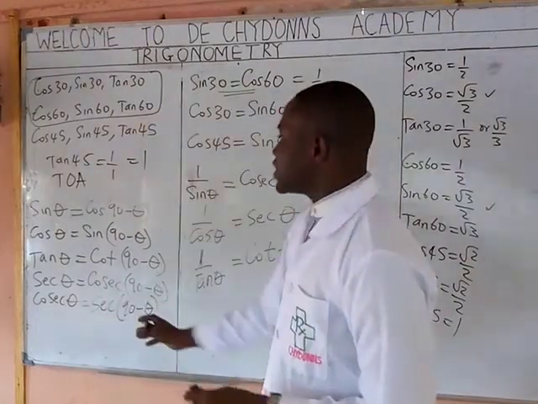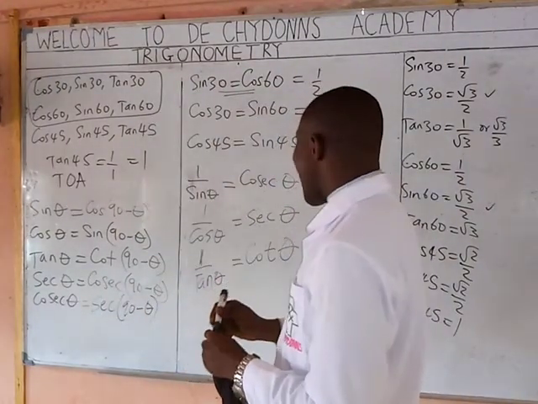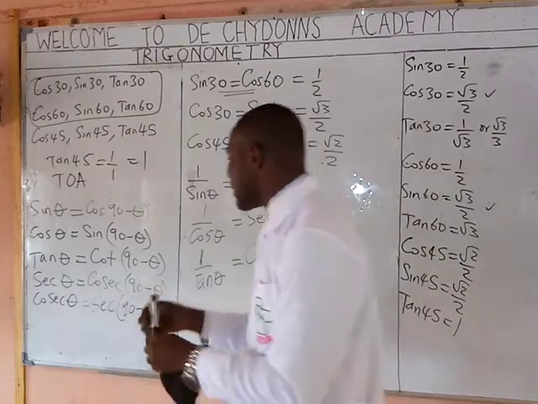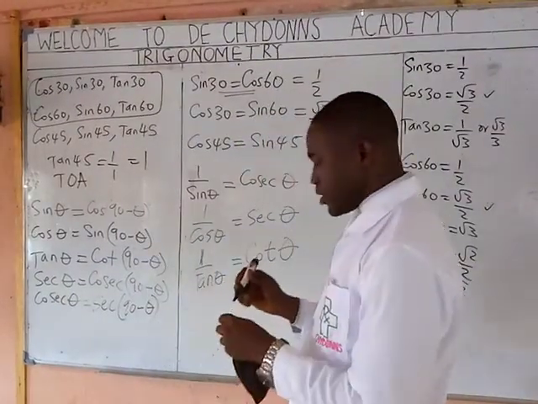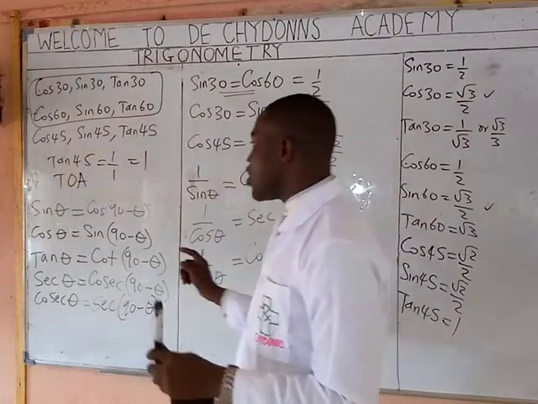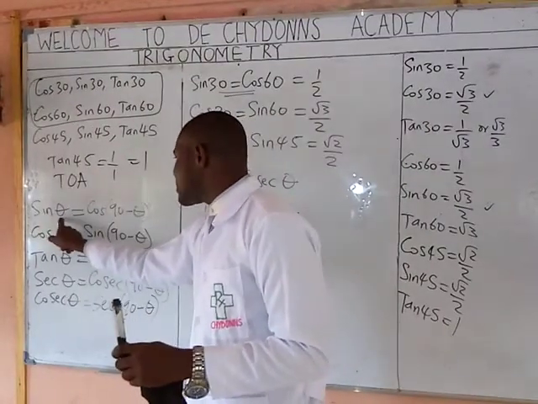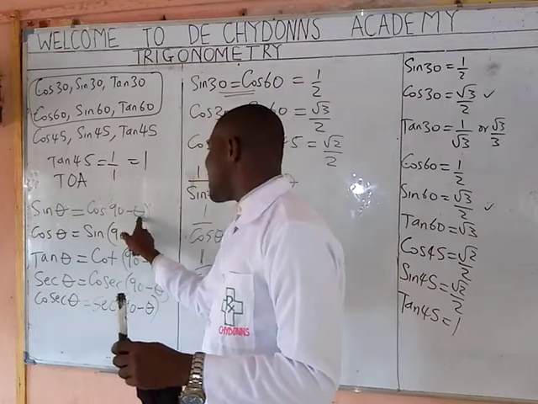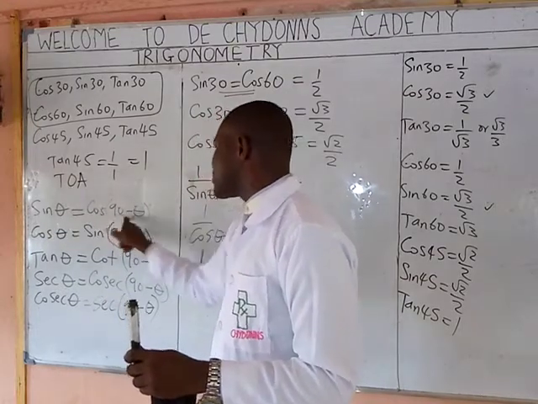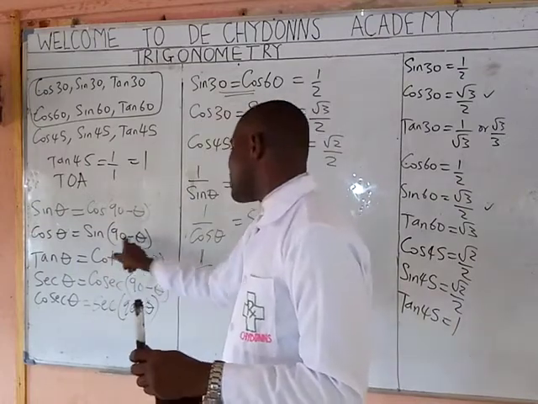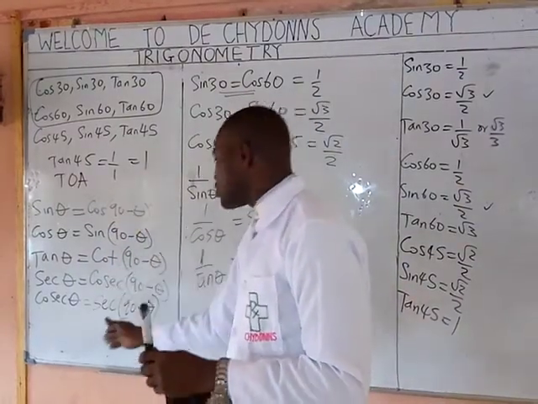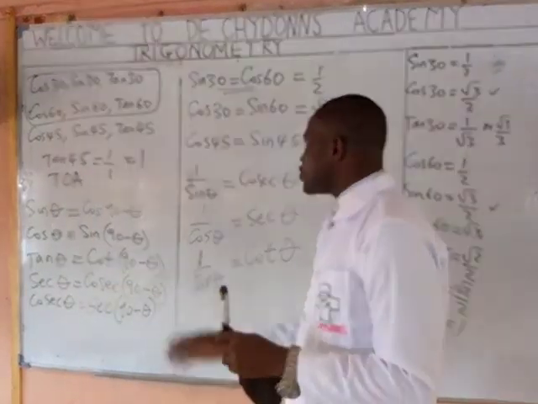So we have to note all this. This is about the inverse of the trigonometrical ratios. If you bring your calculator, sin 30 equals cos 90 minus 30, so sin 30 gives you cos 60. Cos 30 gives you sin 60, because 90 minus 30 is 60, and it is the same with the others.